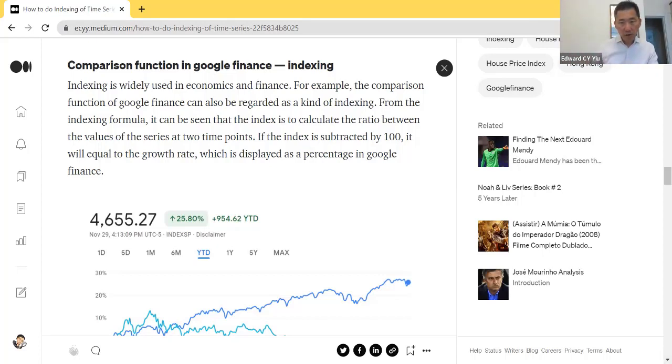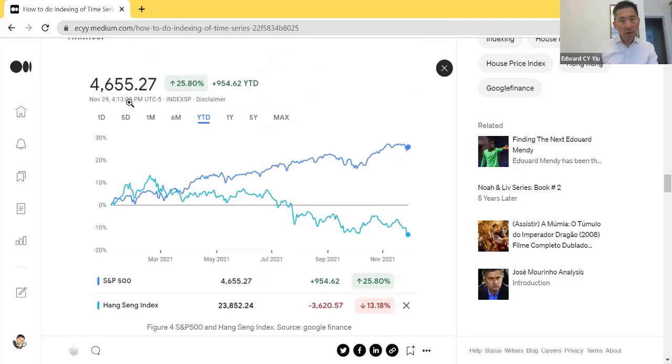Let me show you an example in Google Finance. If you enter just one stock, then it will report its index. In this example, S&P 500 on November 29, it reports 4,655. That's the index.